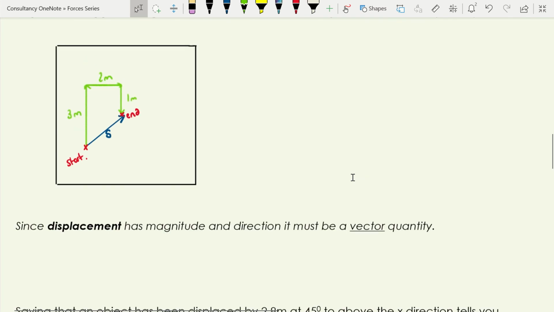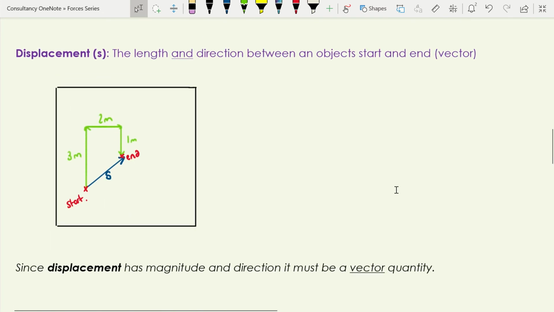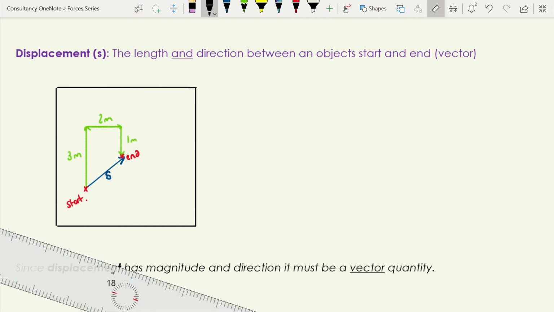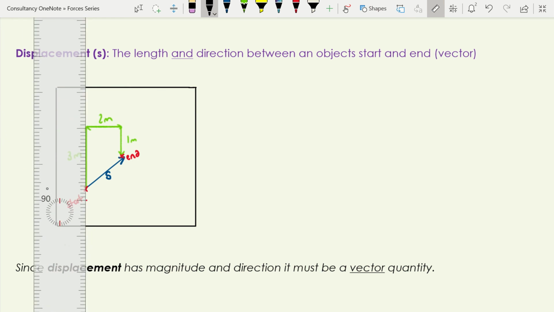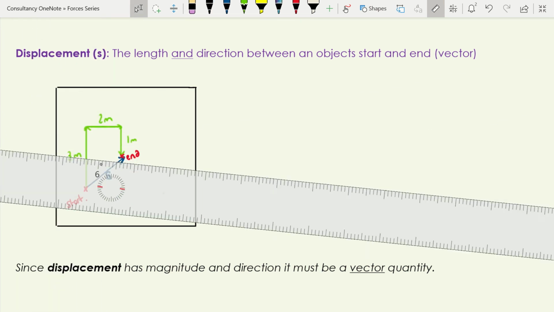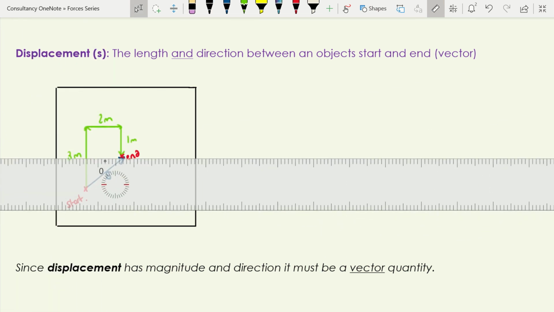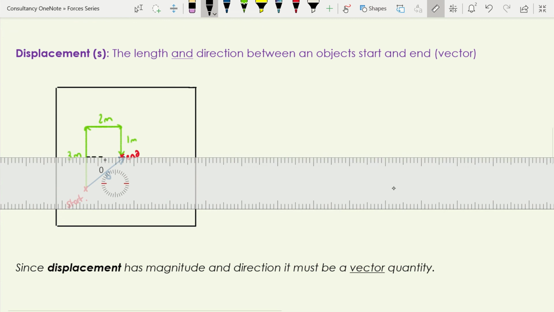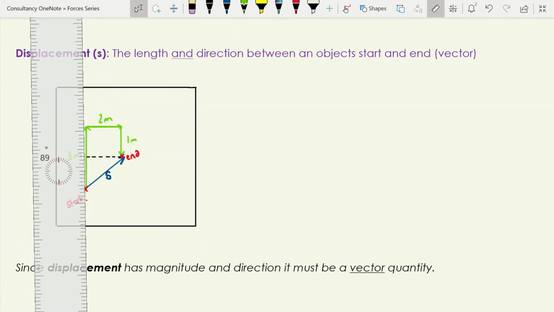So if we actually look here, we can figure out what its displacement is before we move into the next one. Here, what we're going to do is figure out the length and angle that it has passed through. So we're going to be using a few mathematical tools on this. I'm going to be using Pythagoras, and I'm also going to be using some trigonometry.